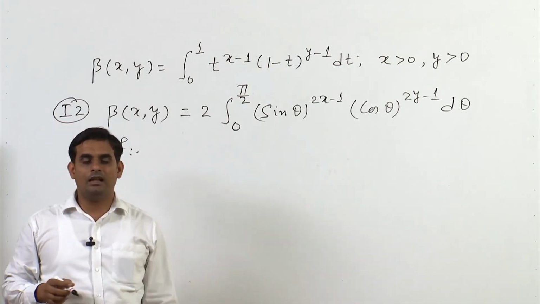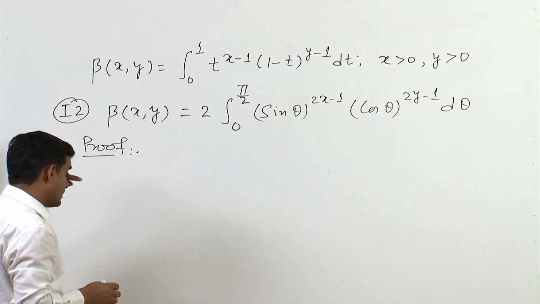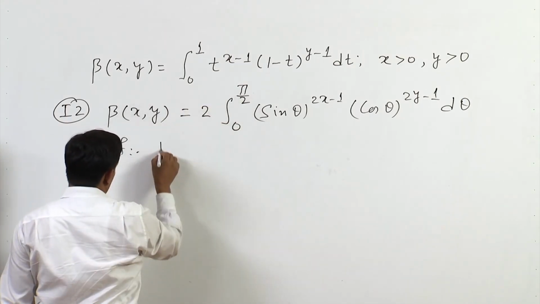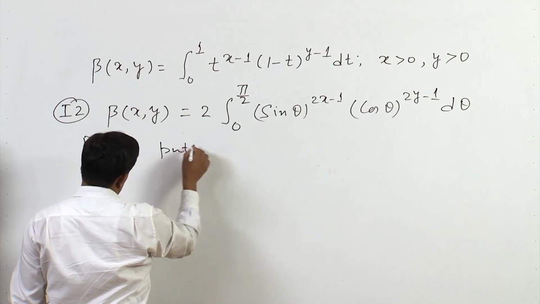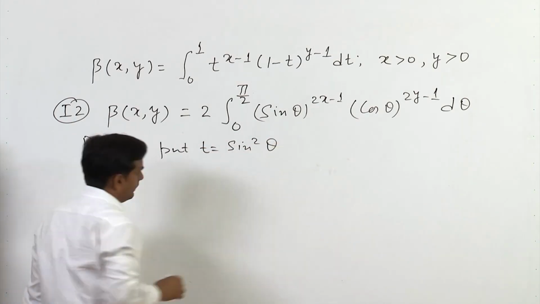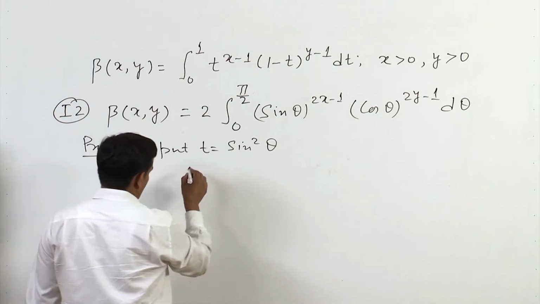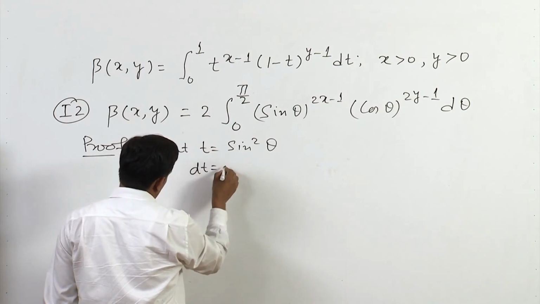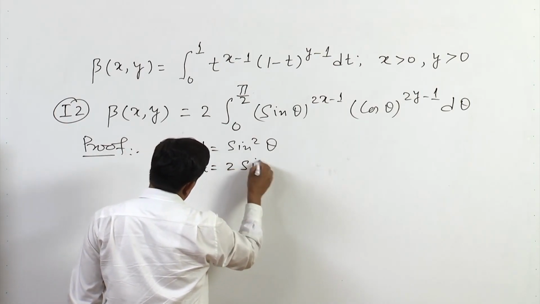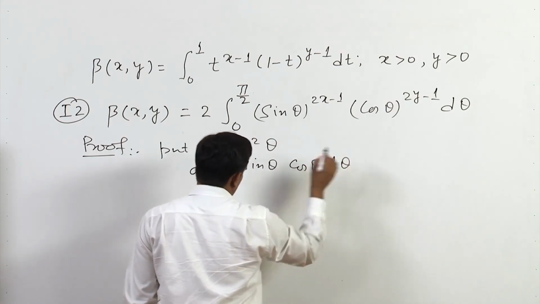In the definition of the beta function, you just substitute t equals sin square theta. So, from here dt will become 2 sin theta cos theta d theta.